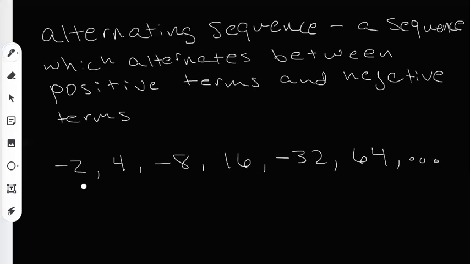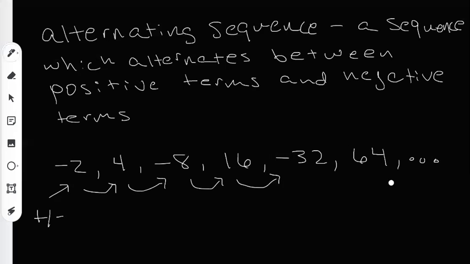I go from negative back to positive, back to negative, back to positive. And it doesn't matter how you start, whether that one is negative or positive, but it's just that you switch the signs every single time.